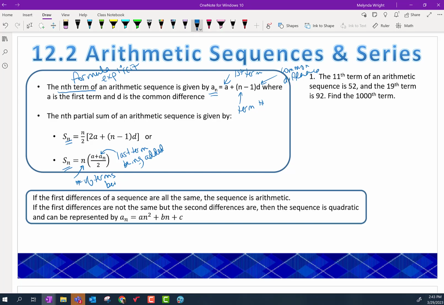And A, again, is the first term. Wherever N is in the summation formula, it's talking about the number of terms to add. And D is our common difference.